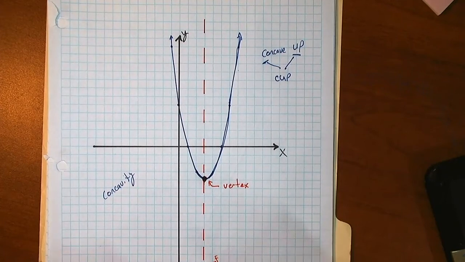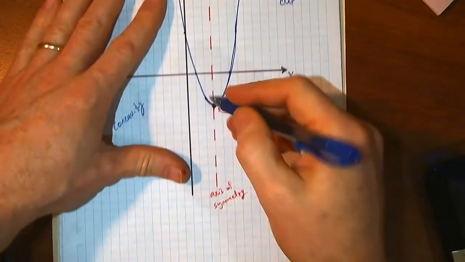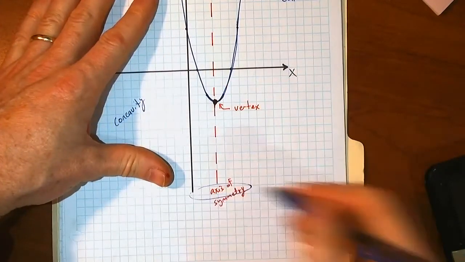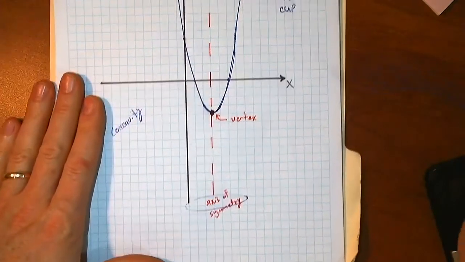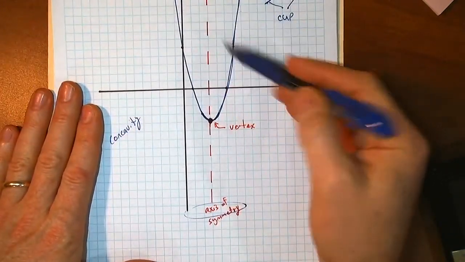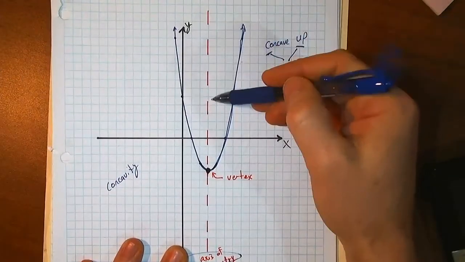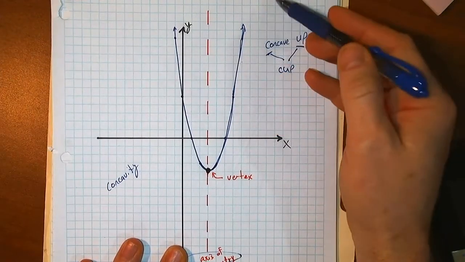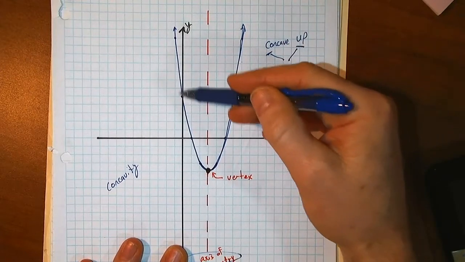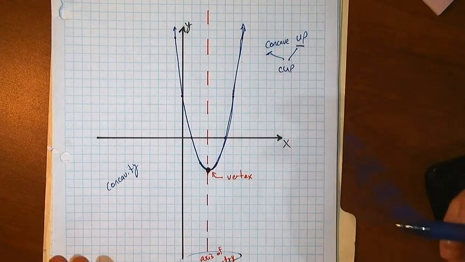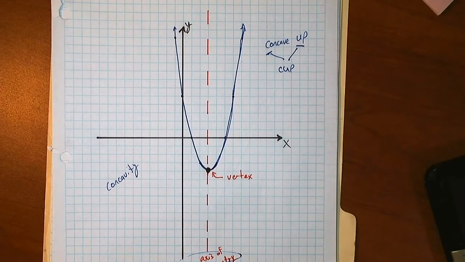You can kind of think of this, if we put a long little flute down on the bottom here, it's kind of like a champagne glass. You could see somebody pouring water or milk or juice or champagne into this and filling it up. That's the shape of something that's concave up, okay?